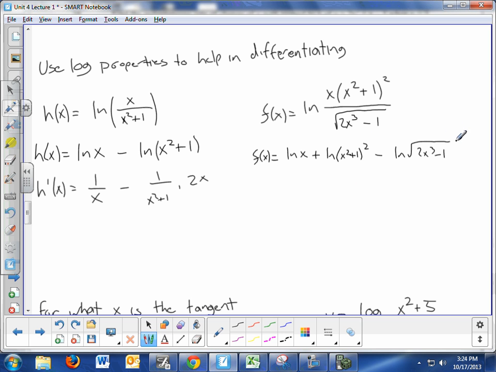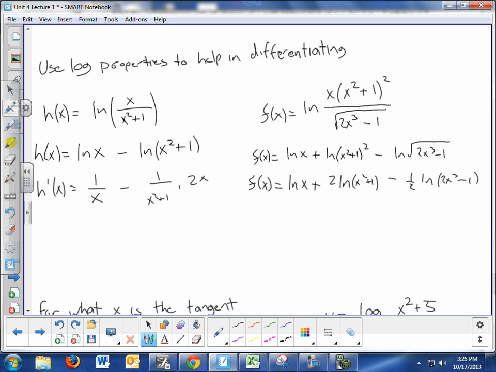What can I do with this 1/2? I can bring it down in front of my logs, making this nice and easy. This will be ln x plus 2 ln of x squared plus 1 minus 1/2 ln of 2x cubed minus 1.